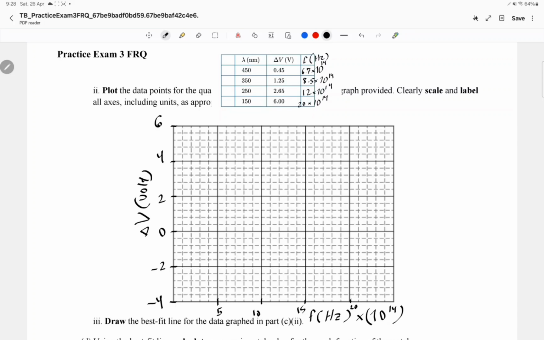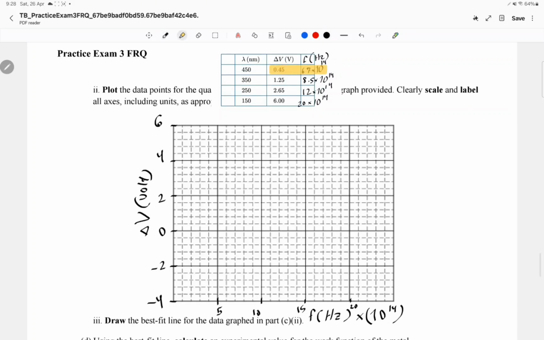So 6.7 for the frequency with delta V of 0.45. So 6.7, which is here, with 0.45, so they're going to meet up here.